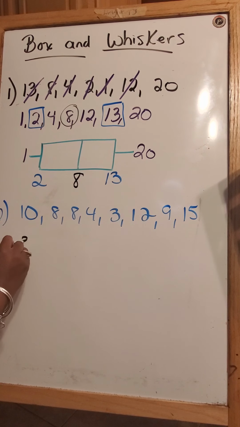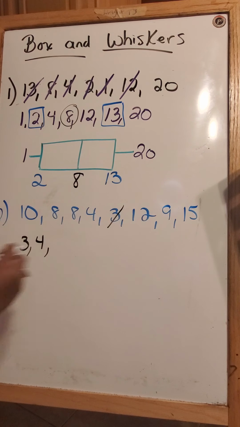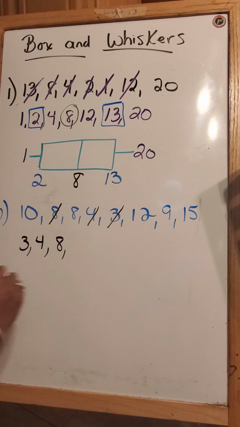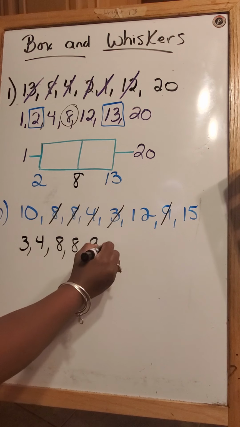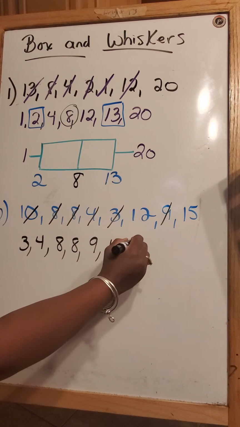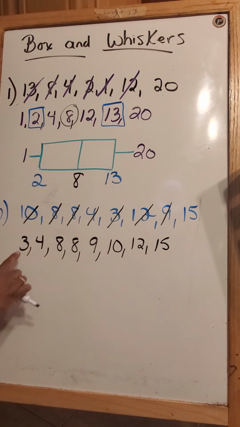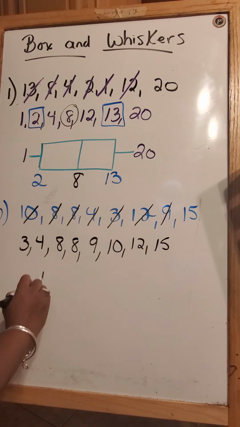So we'll start with 3, 4, 8, and then we have another 8. Then we have 9, 10, 12, and 15. 1, 2, 3, 4, 5, 6, 7, 8. Okay?